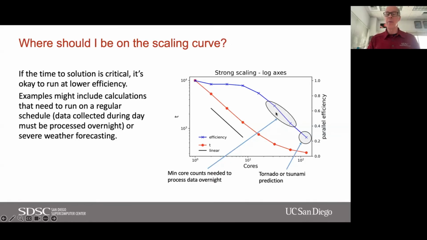So if we need to use more cores in order to finish processing the data overnight, again, if you're doing operational work, as long as the code was running faster, you'd probably sacrifice some parallel efficiency for the sake of getting that result quickly.